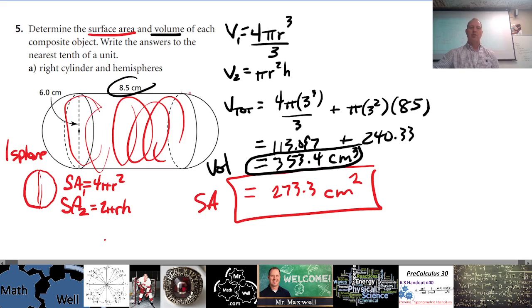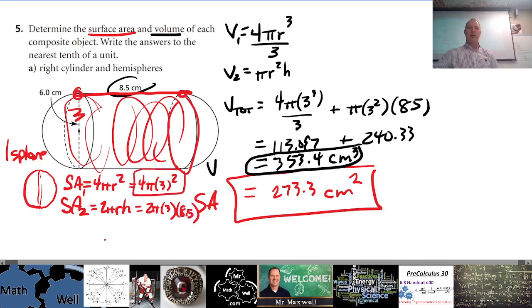So when you put all that together, the radius is 3, so 4 pi times 3 squared, and 2 pi times 3 times the height, which is this distance right here of the cylinder, that's going to be 8.5. When you do this on your calculator and add them, you should get a surface area of 273.3 square centimeters.